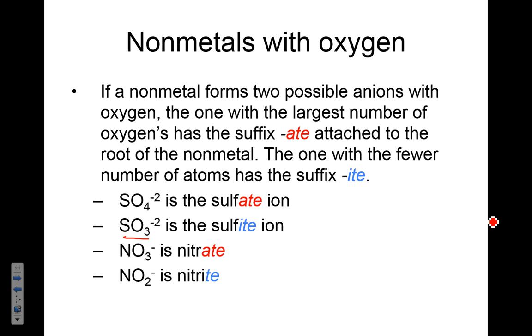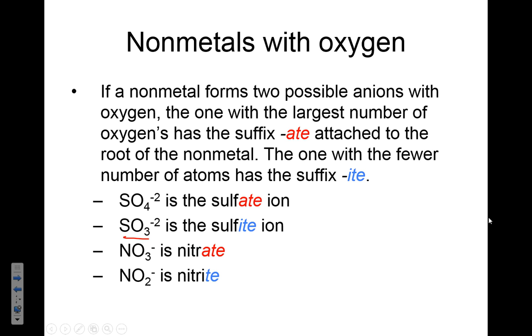So same charge, but with 1 less oxygen. Same thing here with nitrate to nitrite. If I know nitrate is NO3, then I know nitrite is going to be NO2. So remember, ite always means 1 less oxygen than the ate. And we're going to look in a second at how you can remember those 3s and 4s and 2s that we see as subscripts here. There's an easy way to help remember that.